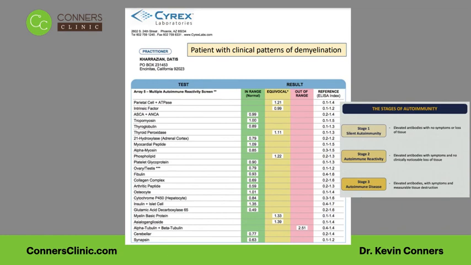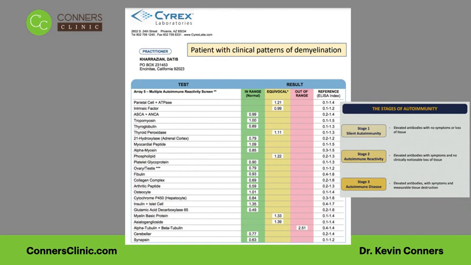Here's another example: a patient with clinical symptoms, clinical patterns of demyelination. They might already have knowledge that they have MS, but then we do a workup on them like this. They have thyroid TPO antibodies, antibodies to intrinsic factor, antibodies to myelin protein, which we already thought because they were diagnosed with MS, but they have other brain antibodies as well.